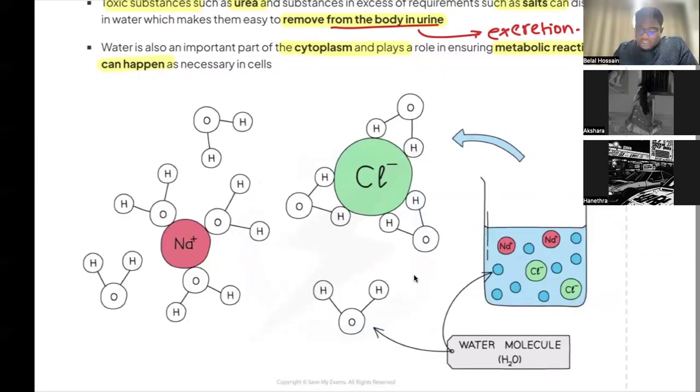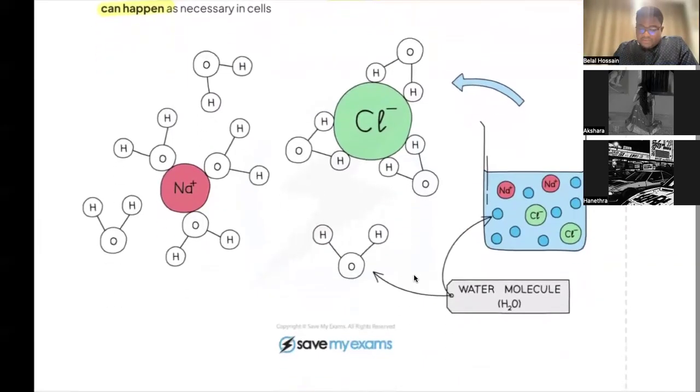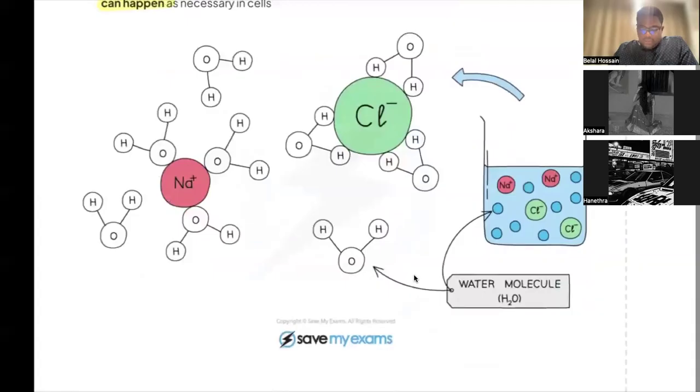Now, why is water able to dissolve charged substances such as sodium chloride? The main reason why water can do it is because the oxygens are partially negative in the water molecule.